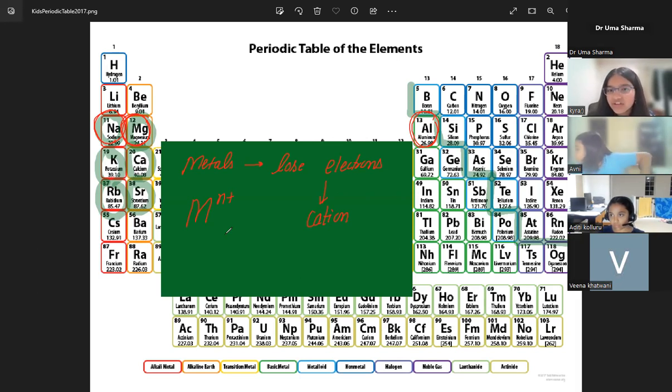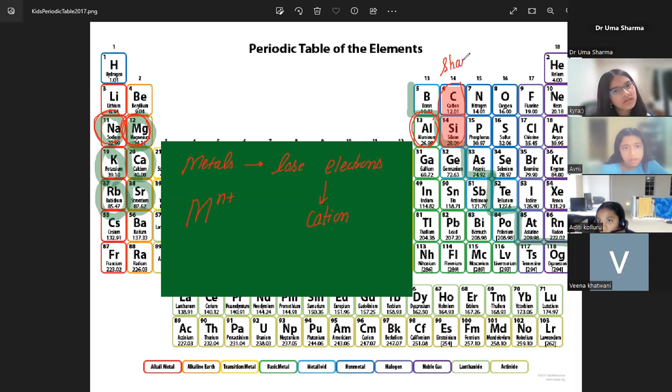Yes, that's very unique, it can do either. It can lose or it can gain, but losing or gaining 4, I said, is not permitted in nature so easily. So what it can do is share. That's why carbon is very unique. They are going to share.